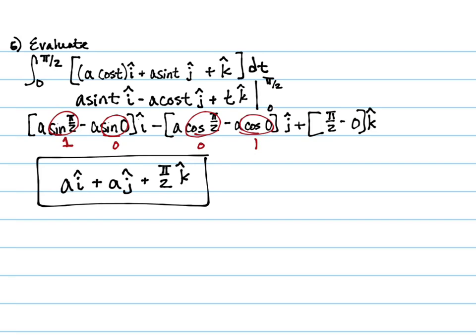I have one last example. We're going to finish up right at time. Number 6. I think there's space here. We'll try. We're going to find r of t with the following initial conditions.